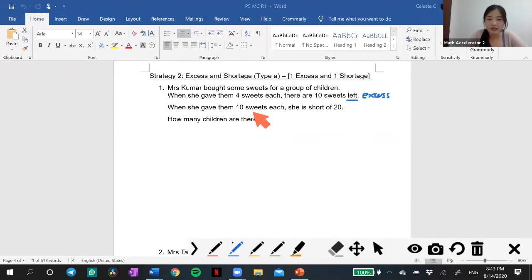When she gave them 10 sweets each, she is short of 20. So this word short here is really a hint. It's shortage. So with 1 excess and 1 shortage, we can draw the model.